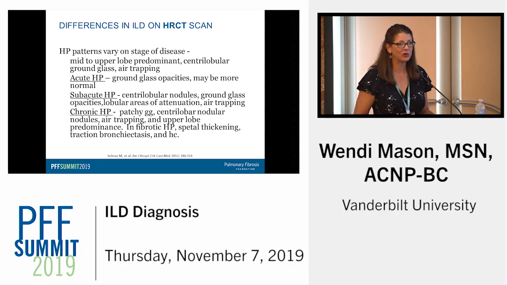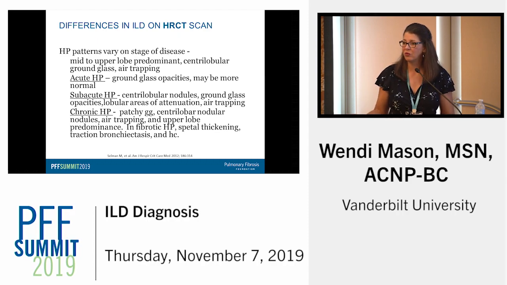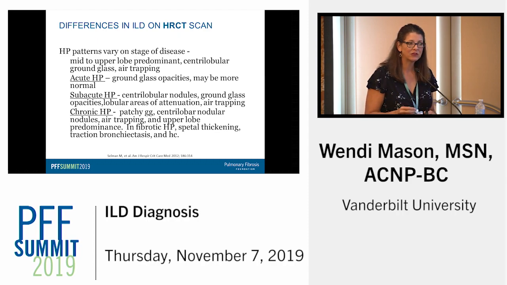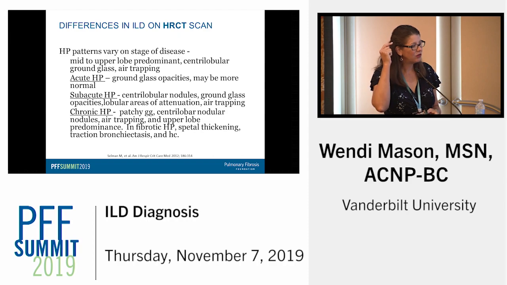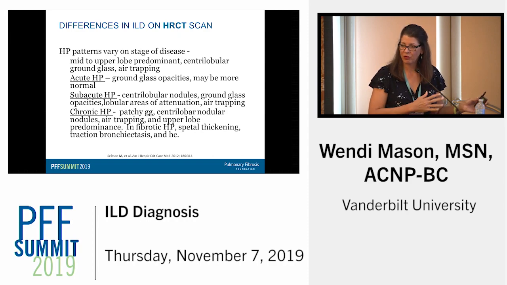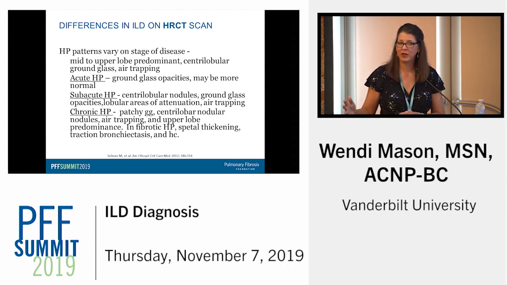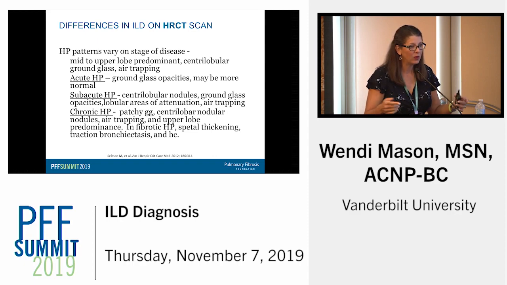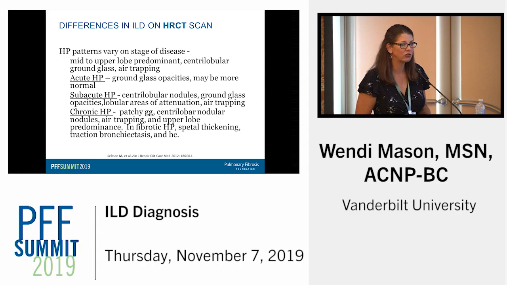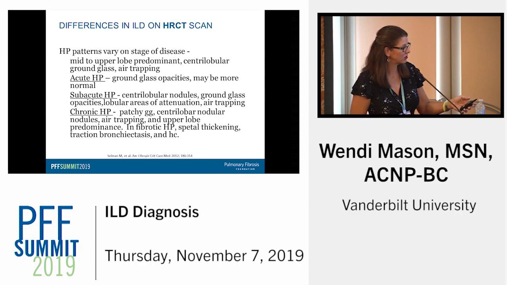We're not going to do another one in 6 months or in a year just to see what it looks like. I can tell you what it looks like. Sometimes when you're really questioning if you've got your diagnosis right, it's important to get CTs repeated over time to see if you see some changes that'll help you and point that finger a little closer to a more confident diagnosis.